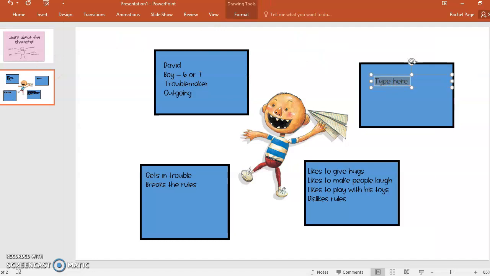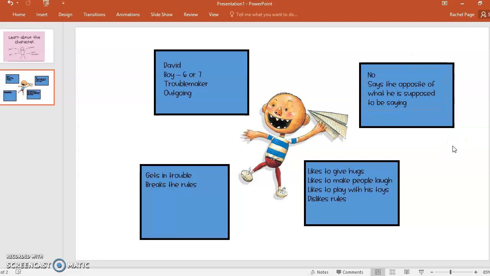I would say David says no, and David says the opposite of what he is supposed to be saying. Let's say someone's saying, David, what color is the sky? I think David would say green. I think he's going to say pretty much anything the opposite of what somebody is looking for, just because he is that troublemaker, that rule breaker.